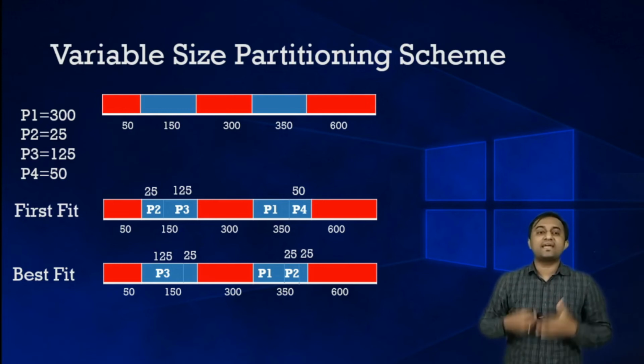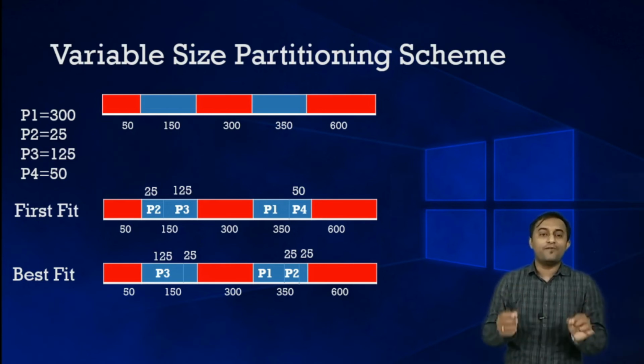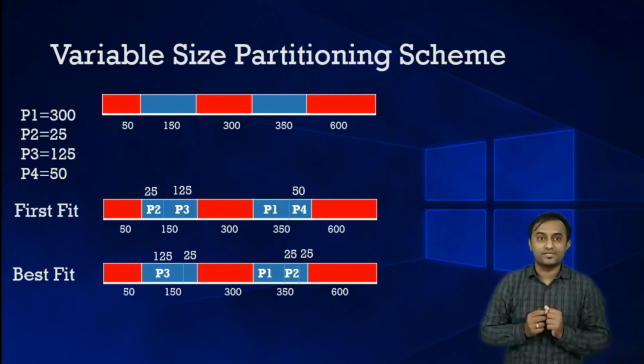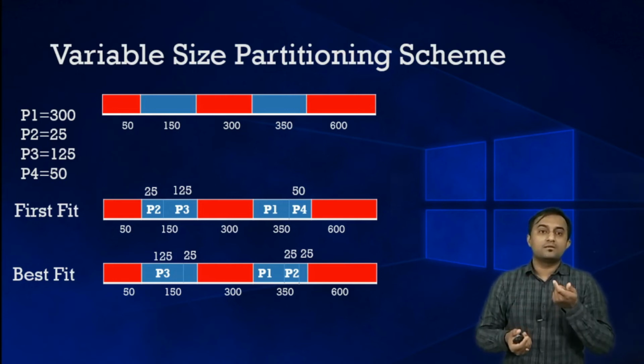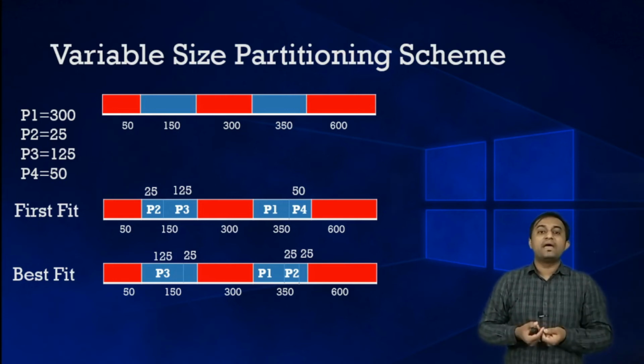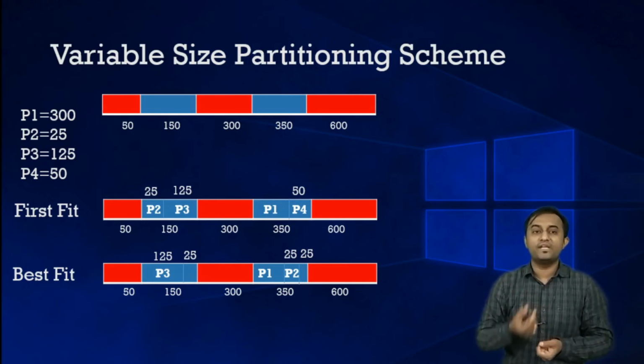Yes. Now the second request came, P2. P2 requires 25 KB. So in this case what will happen? Now in this case the scenario will be different, because best fit, as I told you, will find the smallest capable block to accommodate the process. Again we have two slots. One is the size of 150 KB and the second one is the remaining block, which was 50 KB.